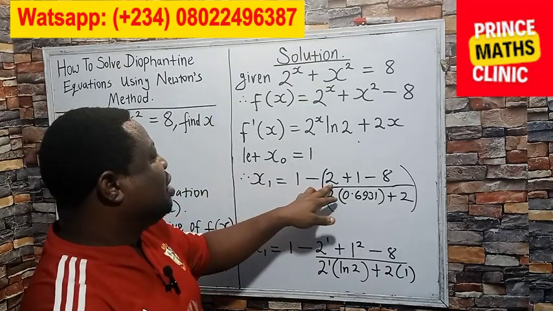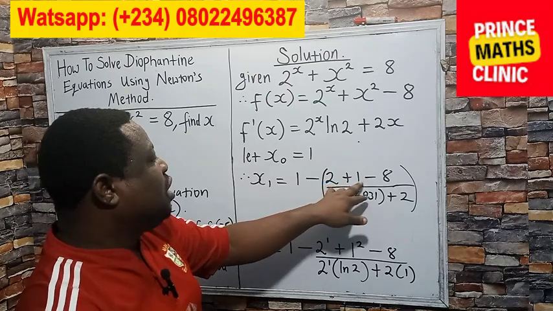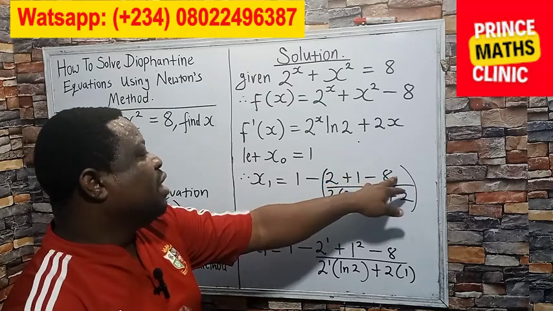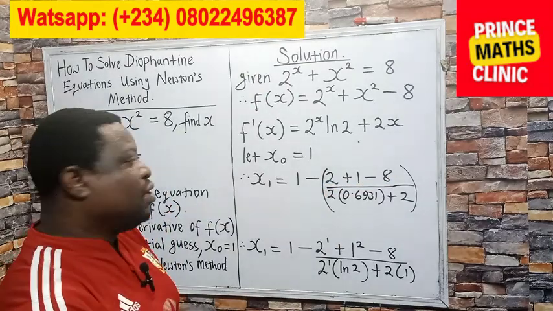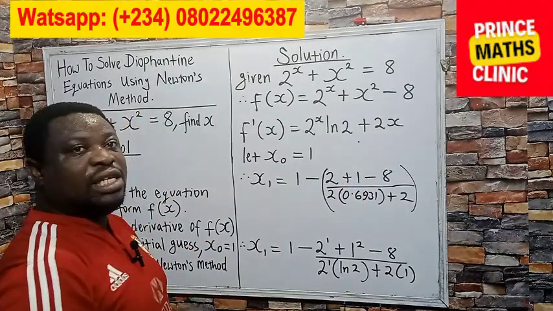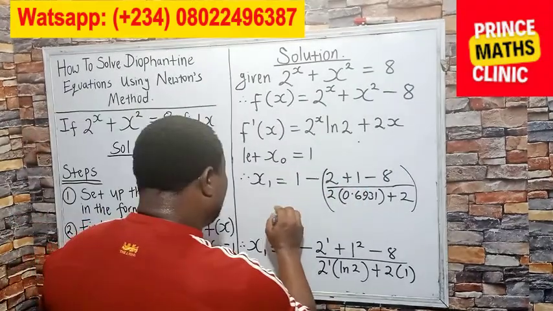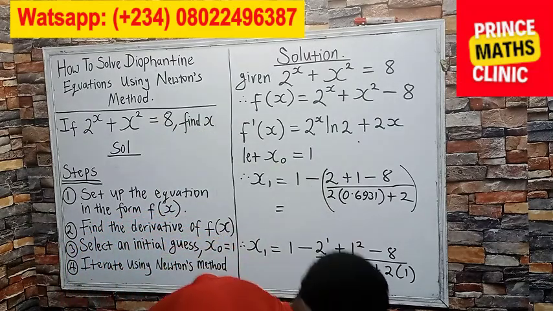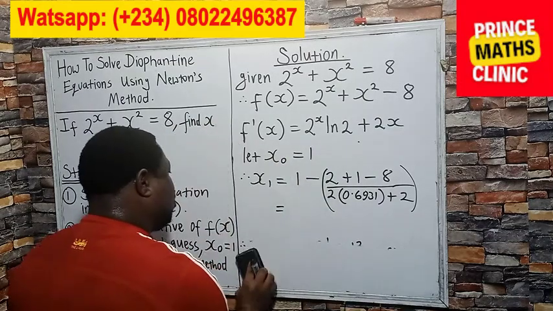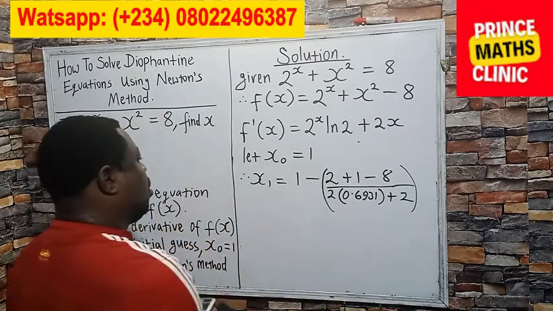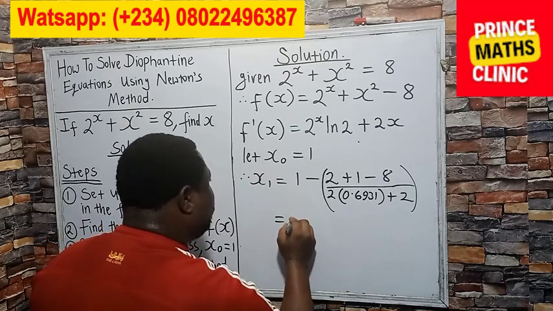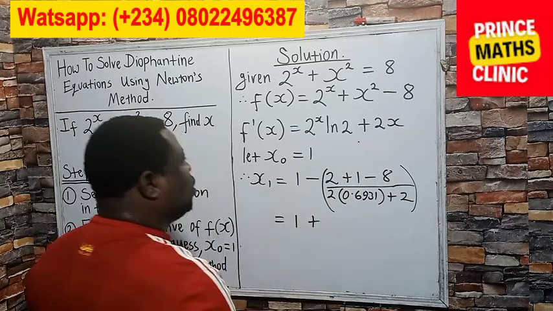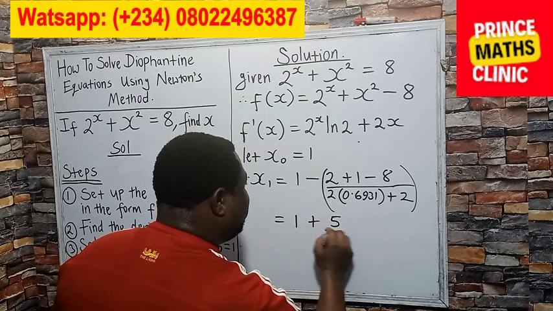So it then means that this will become 3 minus 8, which is minus 5. So minus and minus, we eventually change it to plus. So this will become 1. So eventually this will become 1 plus 5 will be on top over.